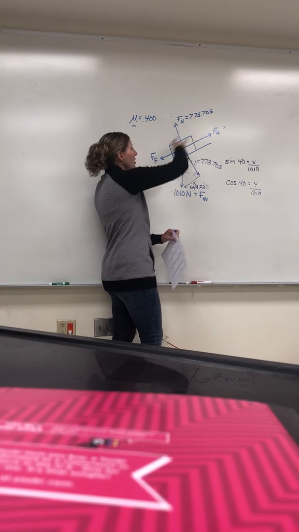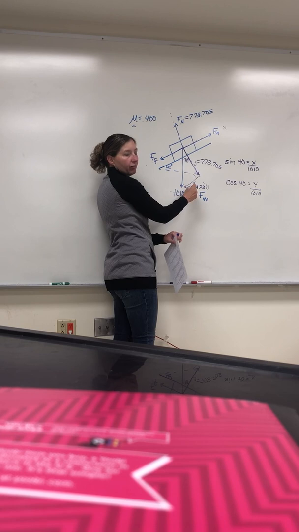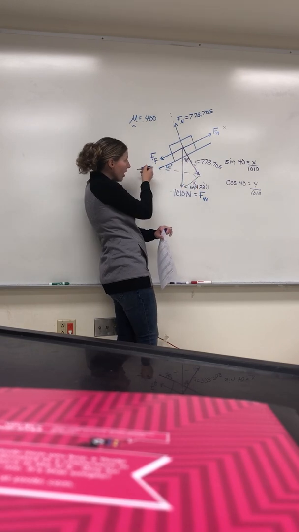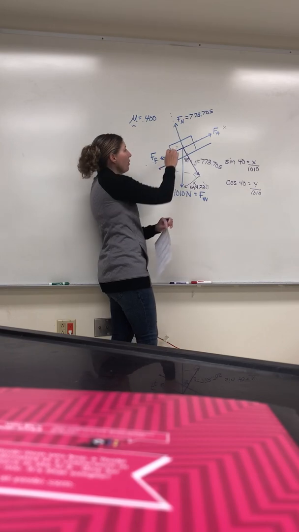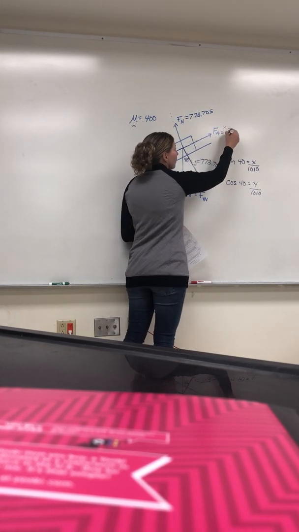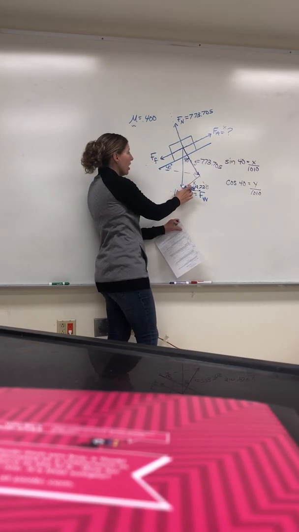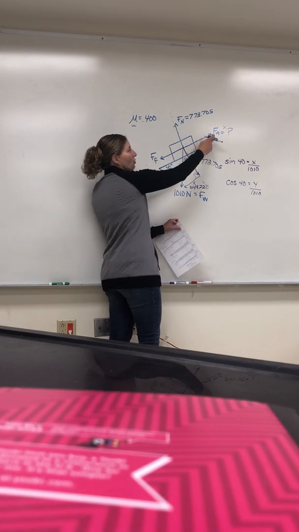In the X dimension, we have down the ramp 649 from the X component of gravity. We have friction down the ramp opposing the motion. And we have the applied force up the ramp. That's what we're trying to find. So I already have the value for this one. I do not have the value for these two.